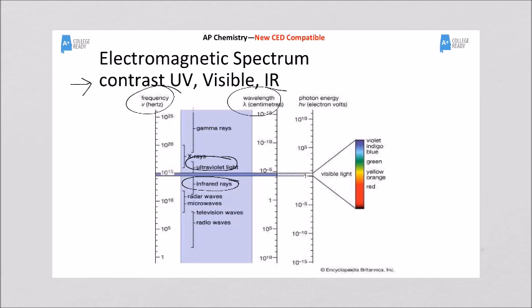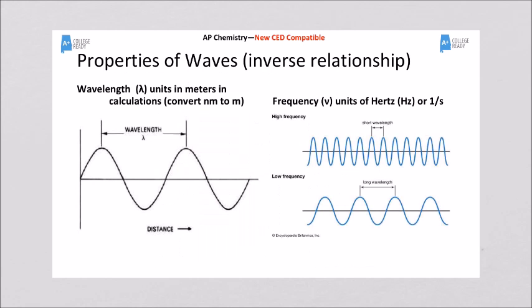And how does that correspond to wavelength? Things that have high frequencies have the smallest wavelengths. So that's a connection we need to make, that high frequency waves of light have very small wavelengths. And this is that inverse relationship that we just said. Wavelength has the symbol lambda.